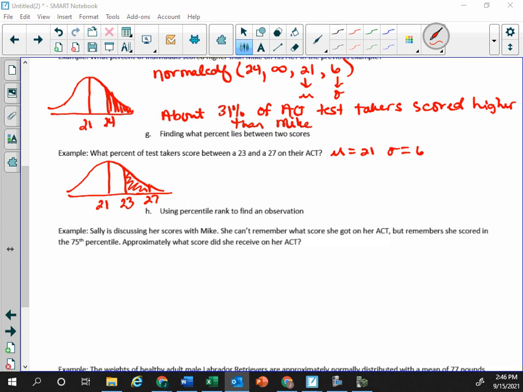Remember to put it in the ACT score? So you're going from, so you would do 23, comma, 27, and then the mu of 21, sigma 6. Okay.